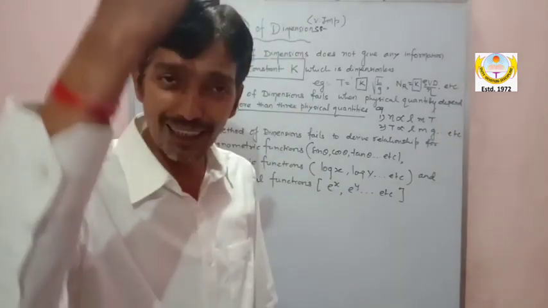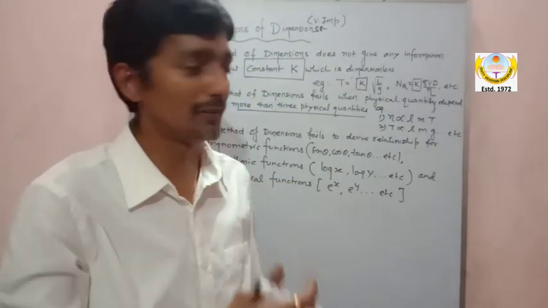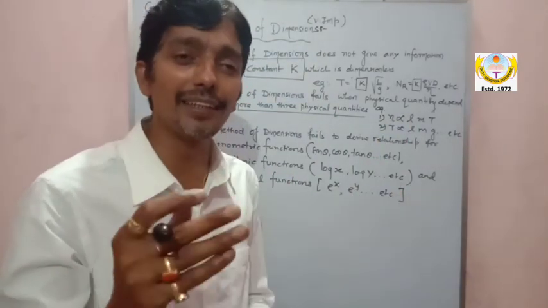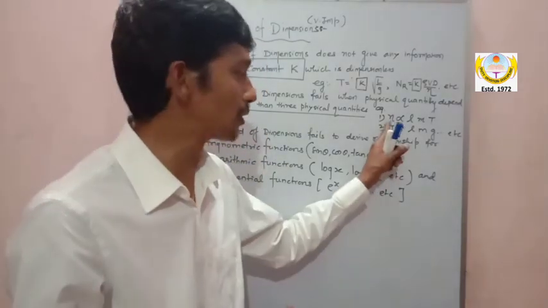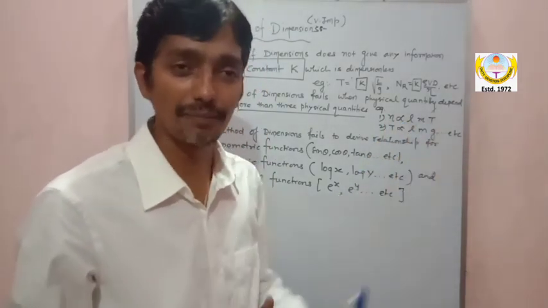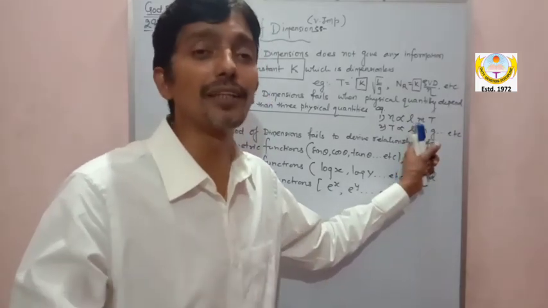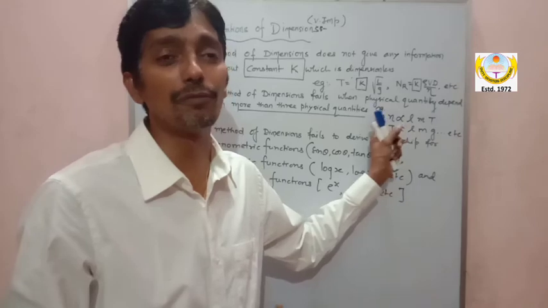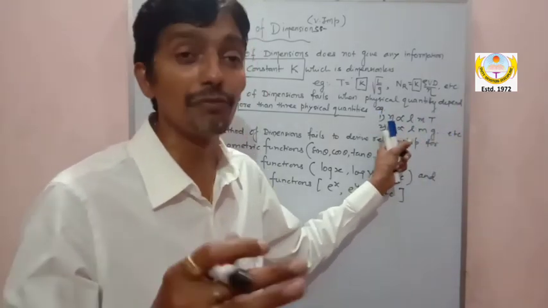It means if you see any method of dimensions example of this kind, you will find there are only three physical quantities on which the fourth physical quantity depends. Am I clear? There is no more than three physical quantities; if there is more than three, it will be a fourth physical quantity, and then this will be a fifth physical quantity.